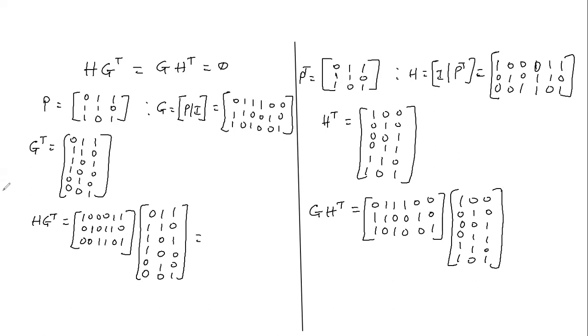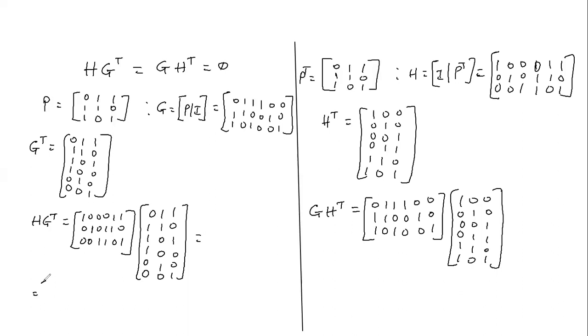So let us multiply. At this point, let's use this one, it will be sufficient. That's this row times this column. Okay, no, this will be sufficient. So let's do it here.